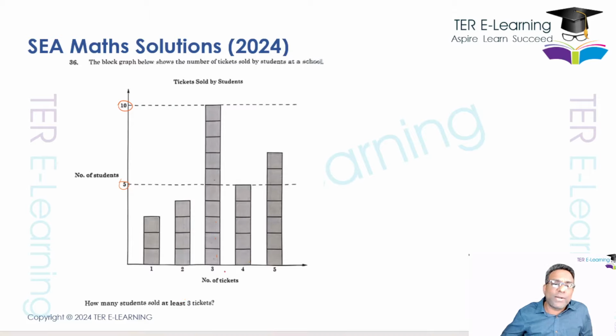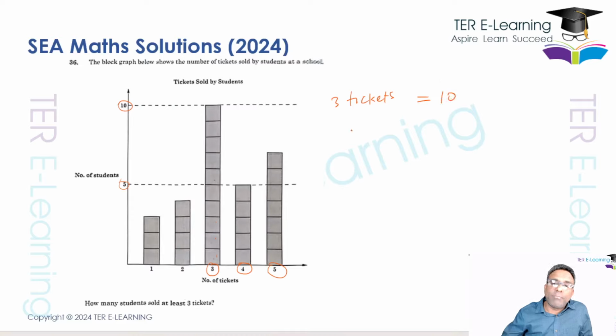Now, if you scored at least 3 tickets, it means that you have to score 3 tickets, or you can score 4 tickets, or you can score 5 tickets, right? So the number of students who sold 3 tickets, that's 10 students.